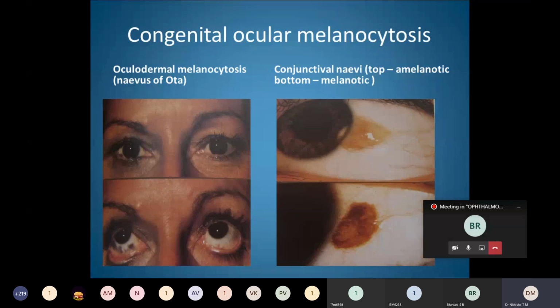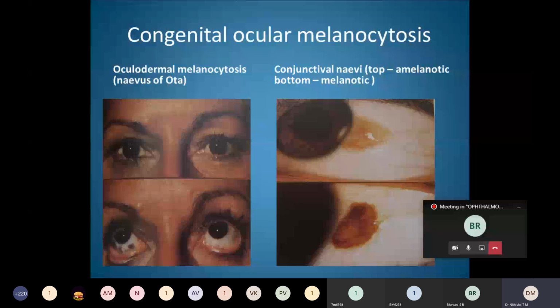With all conjunctival nevi, if there is an increase in pigmentation or size, or if they are in the fornix or limbal area, they are more prone to malignancy. So those nevi you should always observe.